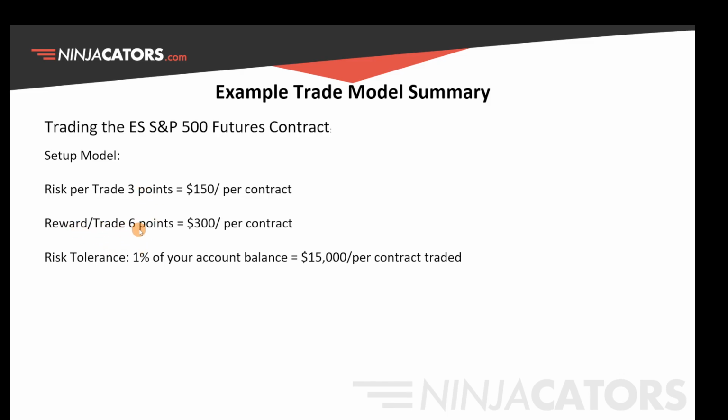Your reward is 6 points, $300 per contract. So that's per contract traded. And let's say you've assessed your risk tolerance and you're willing to risk 1% of your account balance per trade. That would require you to have a $15,000 account balance to start off with for that specific trade model. So that's how you assess how much money you need to trade the S&P 500.